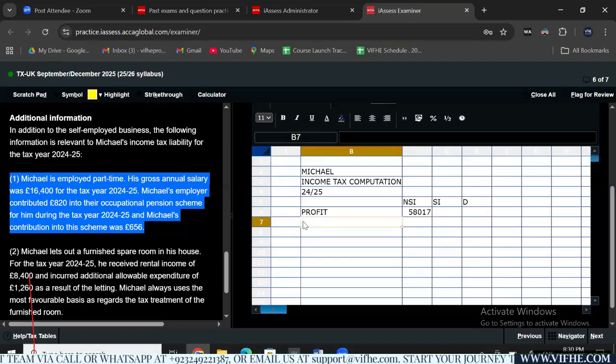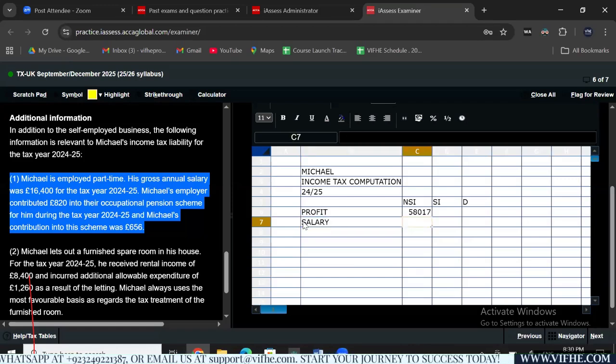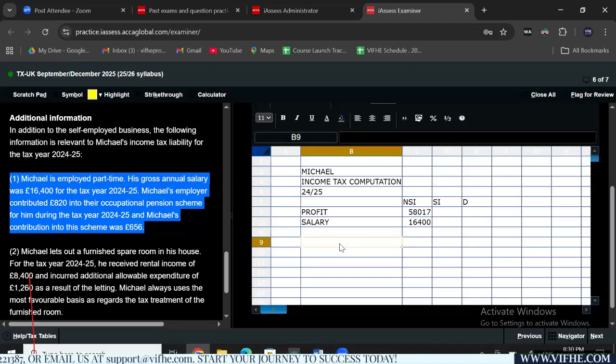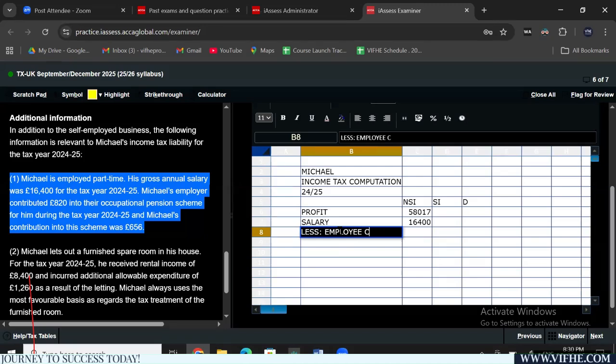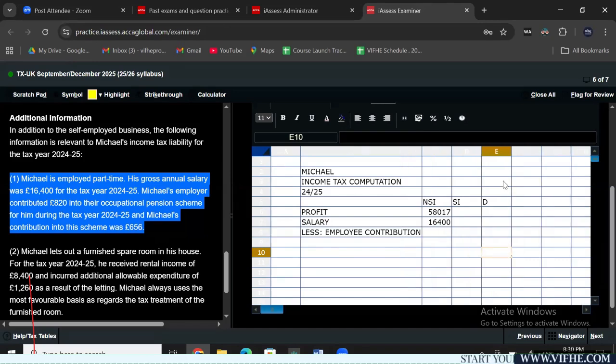So the first thing is that his salary figure for the whole year is 16,400. Again, salary being a part of employment income shall have to be taken into the non-savings income column. Michael himself is contributing into an occupational pension scheme, which is an allowable deduction. So the contribution by the employee shall be deducted, and it is 656 pounds.